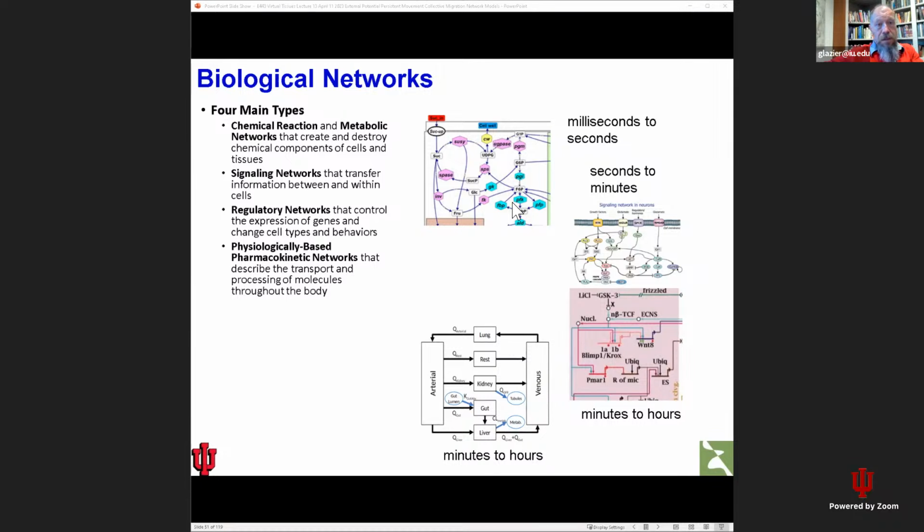There also are small interfering RNAs that are not normally thought of as part of gene regulatory networks that are critical as well. And then we have transport networks, which go under the somewhat ungainly name of physiologically based pharmacokinetic networks, mainly because these come from the pharmaceutical industry trying to understand how drugs are distributed in the body.